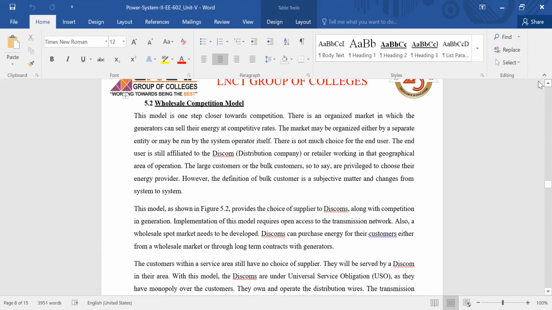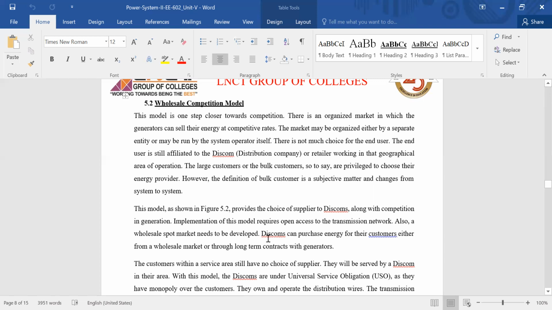There is not much choice for the end user, and the end user is still affiliated with the Discom, that is, the distribution company or retailer. Large customers or bulk customers will have the privilege to choose their energy provider, right?